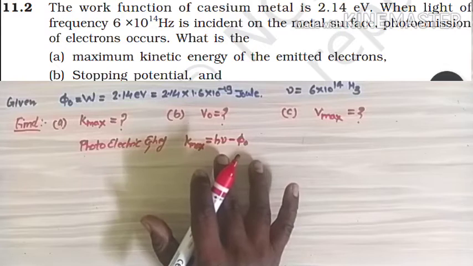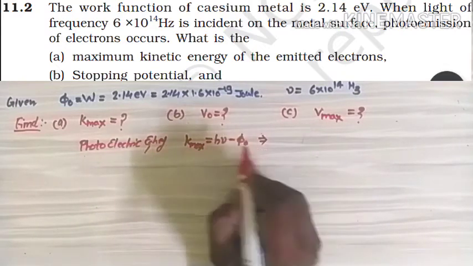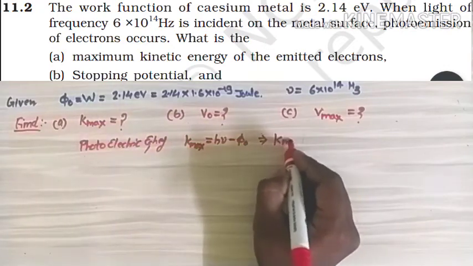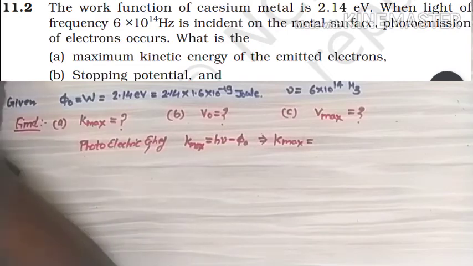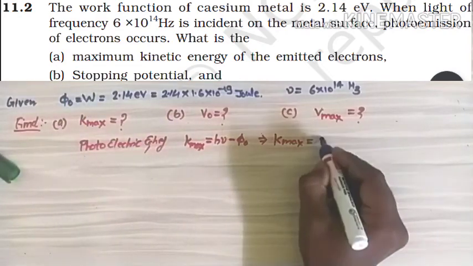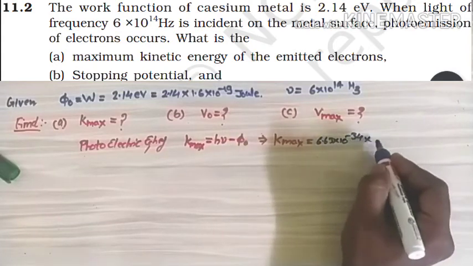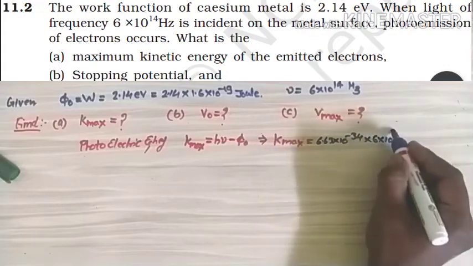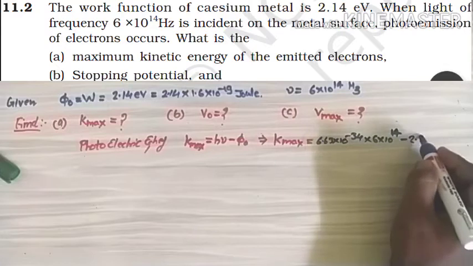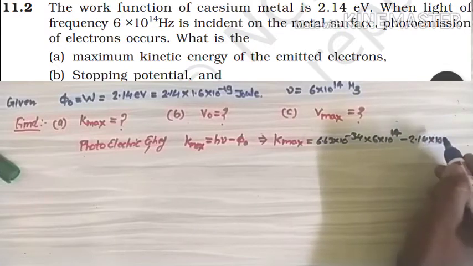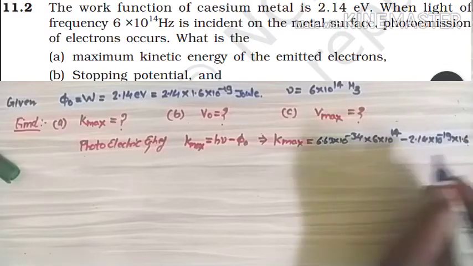So students, here h nu minus phi naught, all the data values you know. K max becomes: h is the Planck constant, students, so put the values: 6.63 × 10 power minus 34, and nu, the frequency, is 6 × 10 power 14 hertz as given, and minus phi naught, which is 2.14 × 1.6 × 10 power minus 19.